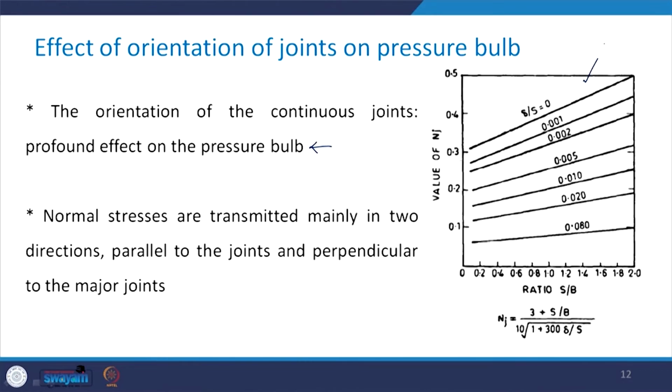Why I have put this figure is that depending upon the spacing of the joints and the orientation, you have seen how the safe bearing pressure gets influenced. And this also you have seen, that the extent of the pressure bulb is more in the direction in which the joints are dipping.